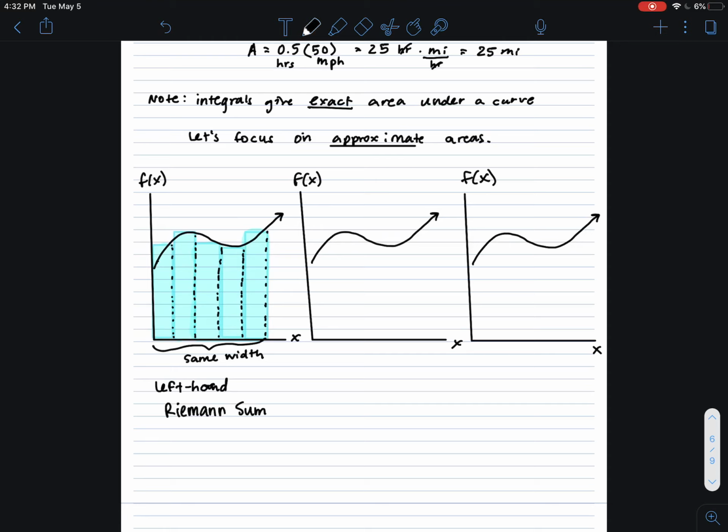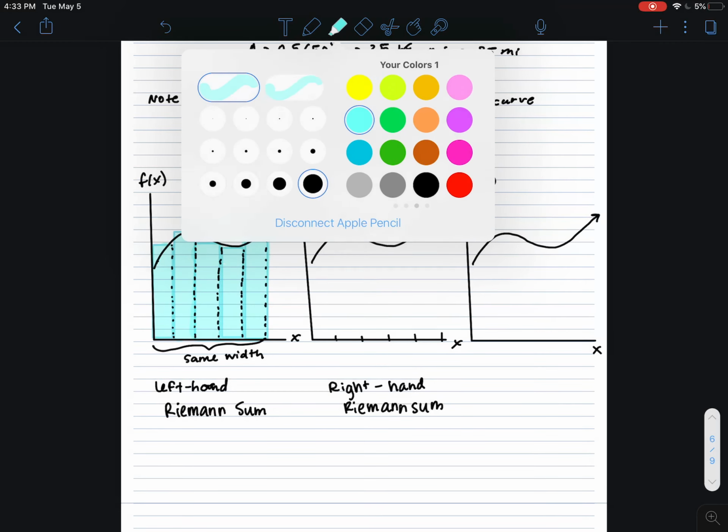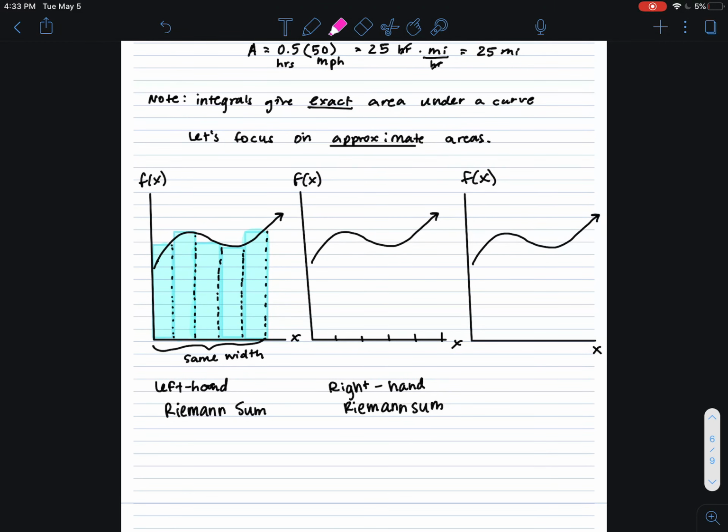Okay, so then there's also something called a right-hand Riemann sum. So if I have those same divisions, like here, 3, then a right-hand Riemann sum is going to look, oops.